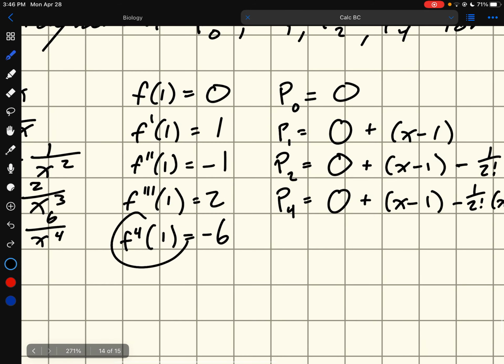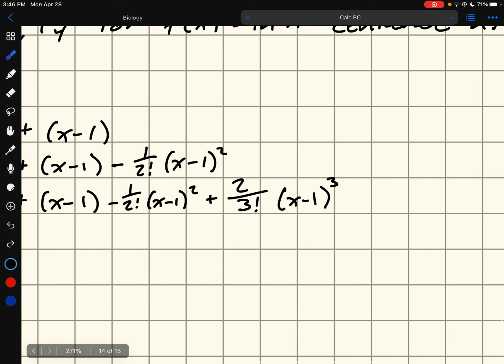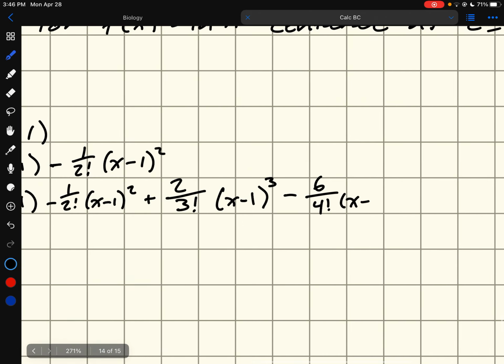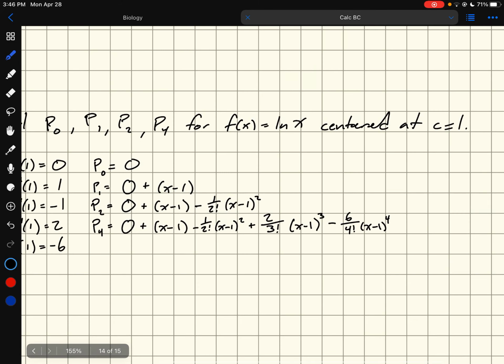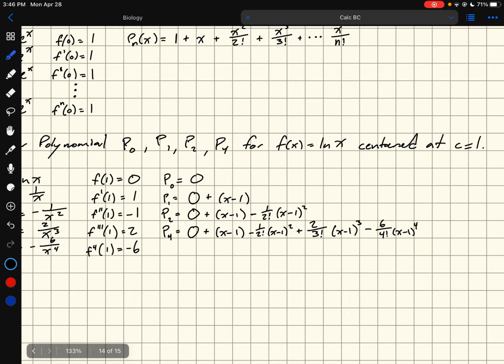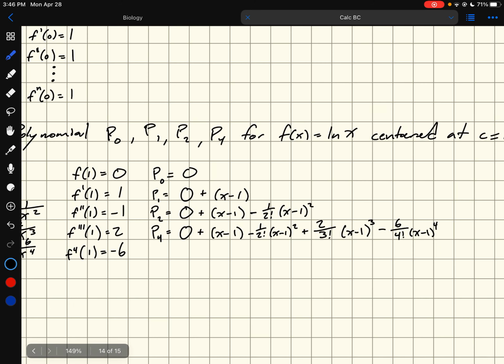So now we have the fourth derivative, which is a negative 6. So negative 6. Increase the factorial by 1 to 4 factorial. Increase the exponent of this by 1 into x minus 1 to the 4th. And those are our Taylor polynomials.